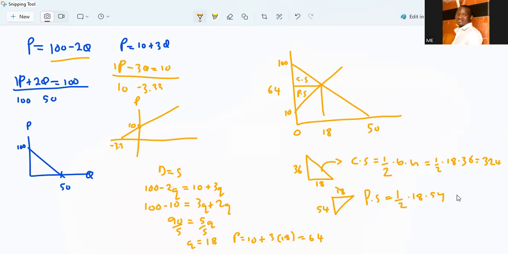We get 486. So when we add these two, 486 plus 324, what we get is a total surplus, which is our addition of the consumer surplus and our producer surplus, which ultimately gives you 810. So this is how we find the consumer and the producer surplus and the total surplus. Are we together?